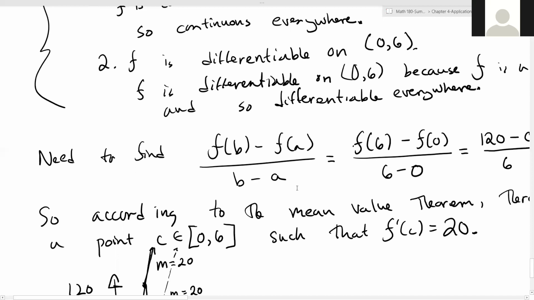Yeah, just because I saw that you wrote that f prime of c is equal to 20. Yeah, but that's actually a really key point here: it's not saying that f of c equals 20. In the conclusion, it says that f prime of c equals 20, so that the derivative is 20. So the conclusion is the derivative, but up here, you're utilizing the function itself to find the slope. Yeah. All right, cool.